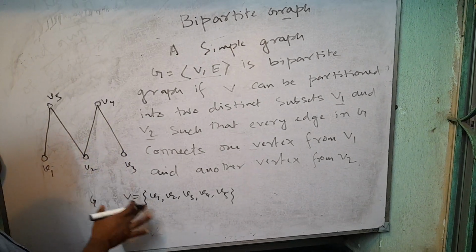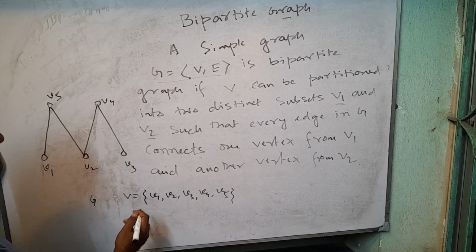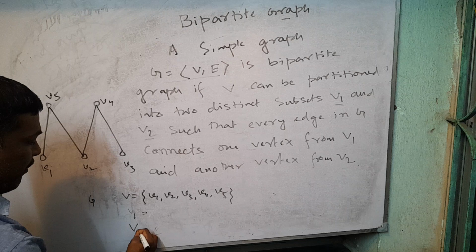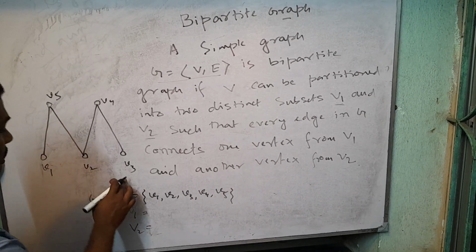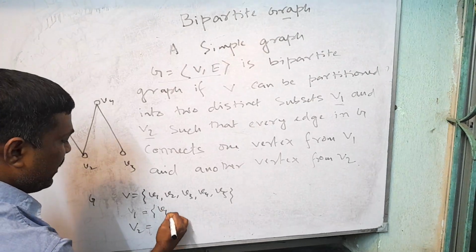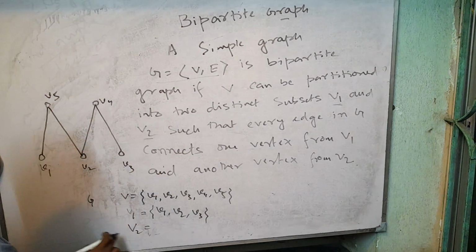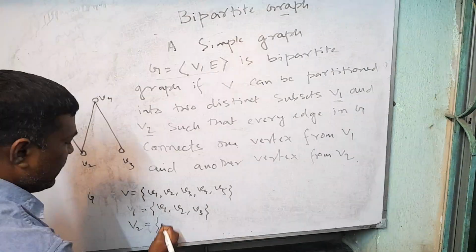Now, we can partition this vertex set V into two distinct subsets, where the first subset contains the vertices V1, V2, V3, and the second subset contains only V4 and V5.